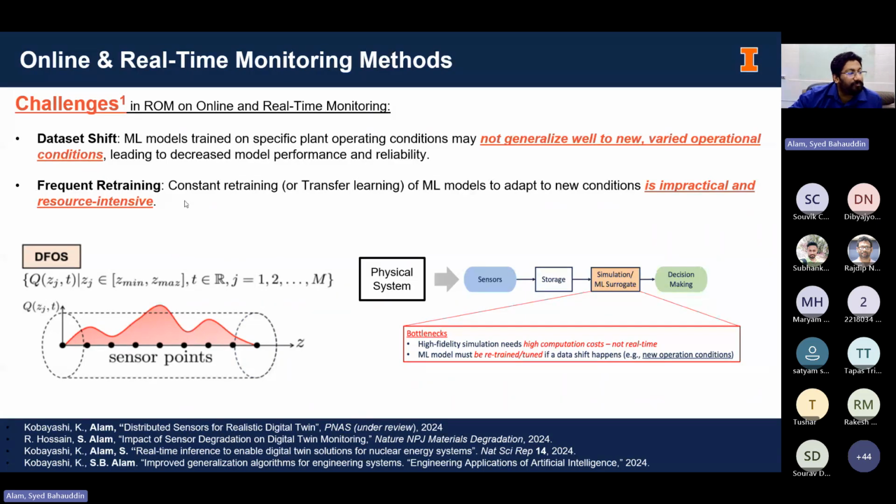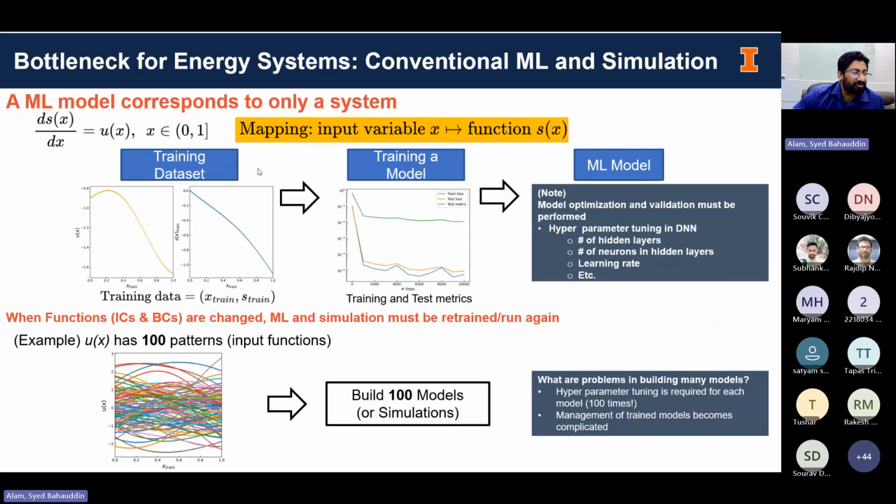And I'm talking about dataset shift. If we have to retrain every time, I don't think that will make much sense, right? So that's why the challenges come in. This is an example of a bottleneck for energy systems. What we have been doing before the operator kicks in is taking initial and boundary conditions for one specific condition, training on that, and getting very good results.